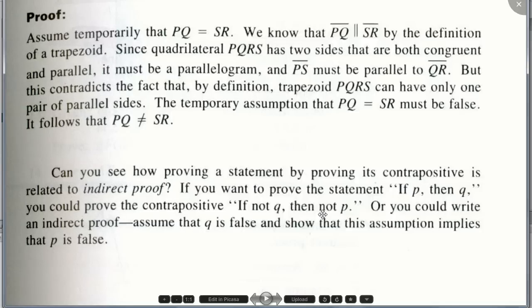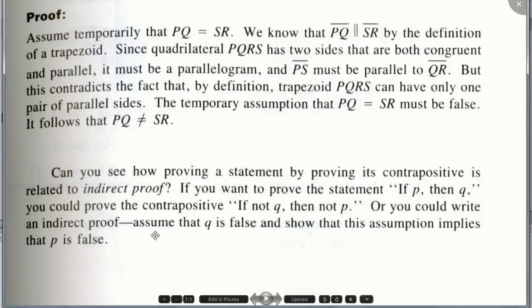Assume that Q is false and show that this assumption implies that P is false. Okay, do you see how they are related this way? The work is showing the second part, where you reason logically until you reach the contradiction to the known fact or given fact, right?